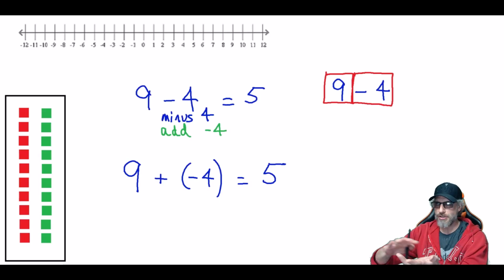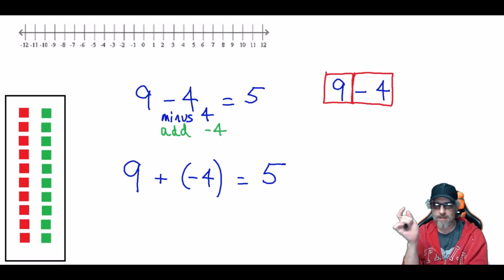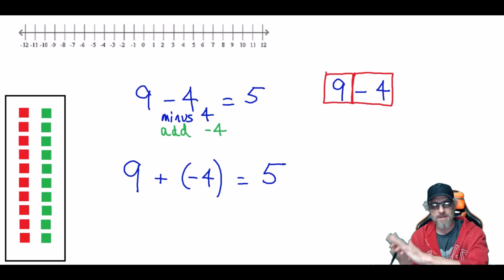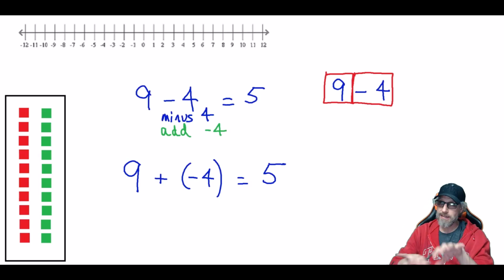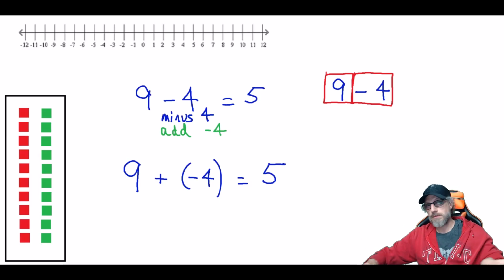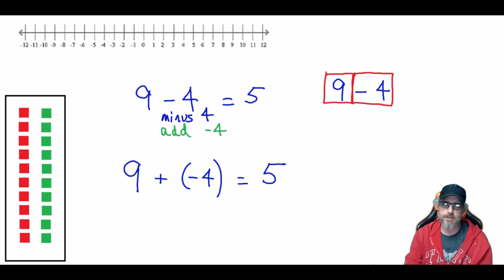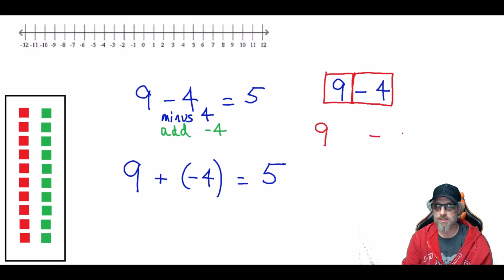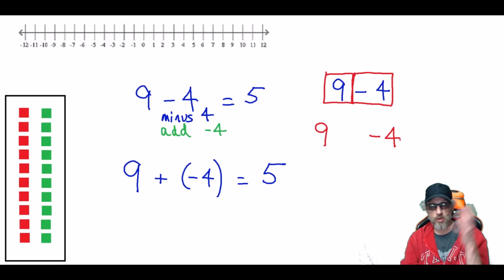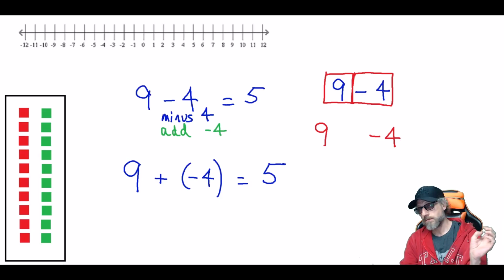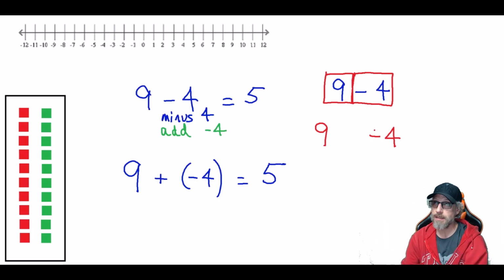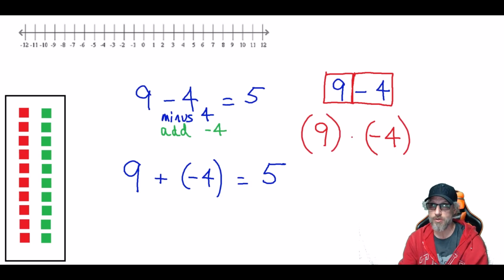It's like we just changed that little dash from meaning subtract to meaning negative. And it is legitimate. It does lead us to an accurate place as long as we remember that once we do that move, take the sign and attach it to the number that's right behind it, what is left behind is an addition of those two things. I put parentheses on both to really make it clear.